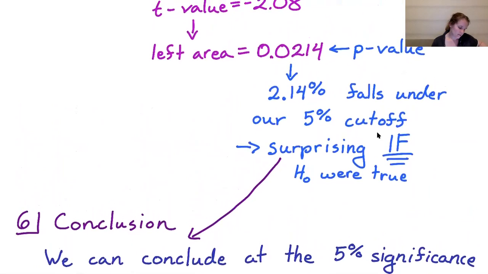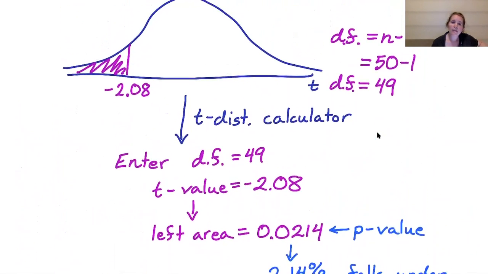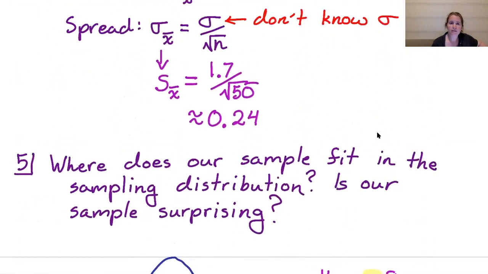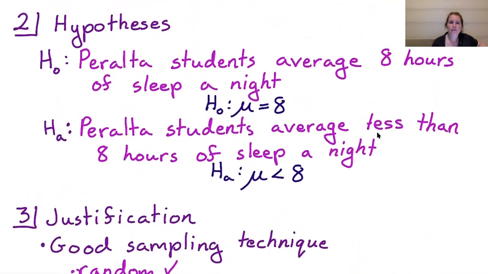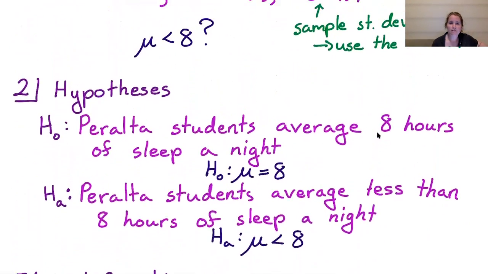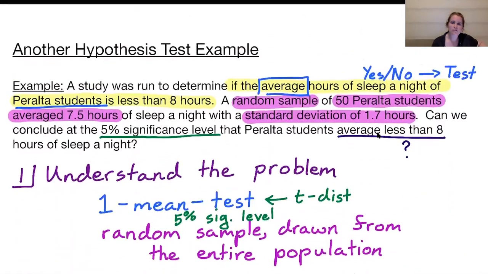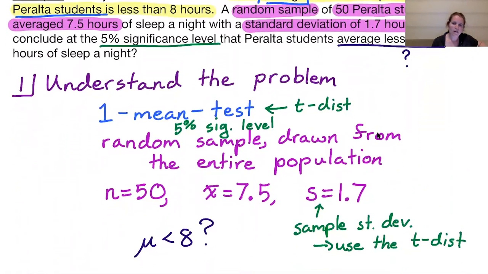The real main difference is that we use that t-distribution calculator. And the reason we had to do this is because we only had the sample standard deviation. We did not know the population standard deviation. So since we only knew the sample standard deviation, that's why we used the t-distribution. So that's another hypothesis test example.